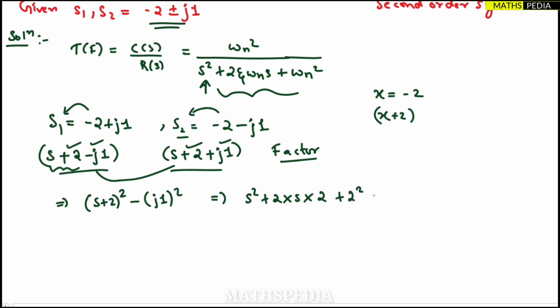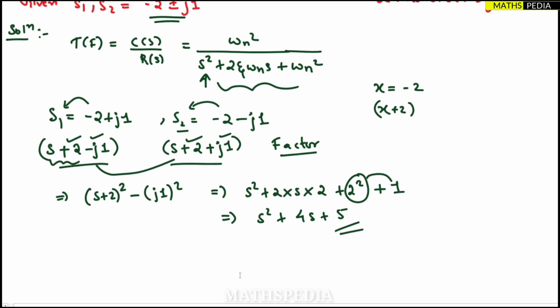Then J square value is -1, and with the minus outside, it will become plus 1. So what is the answer? S square plus 4s plus 4, and 4 plus 1 is 5, so it will be s square plus 4s plus 5. This is the denominator part.